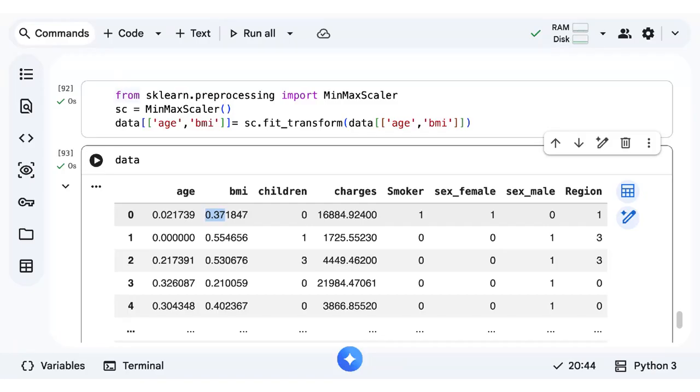Okay, next important step. This concept comes only in regression. It's not applicable in classification algorithms. Only in regression is this concept going to work. We call it transformation. So what is feature transformation?